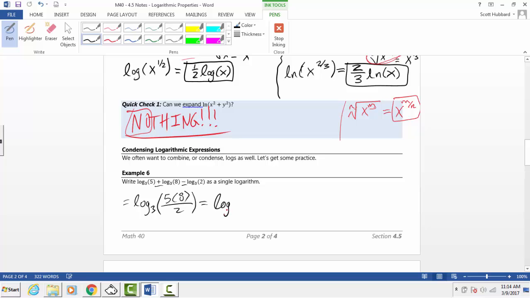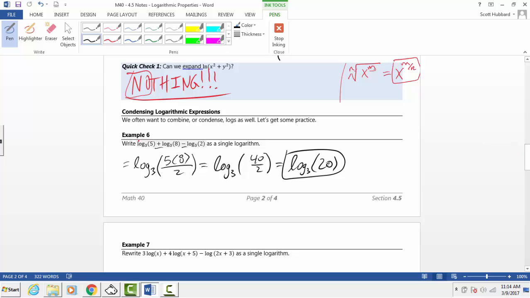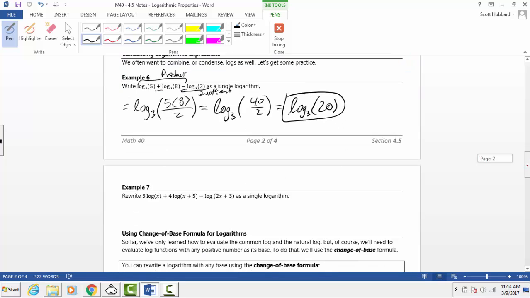And so you're going to get log base 3 of 5 times 8, which is 40 over 2, which is the same thing as log base 3 of 20. There I just used the quotient rule and the product rule, just going backwards. So this tells me it's a product, and this tells me it's a quotient: the negatives and the pluses.